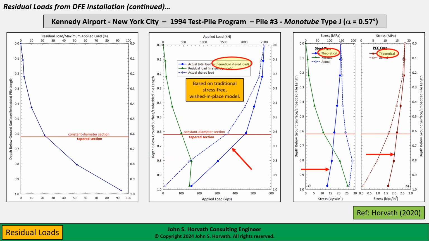Now let's look at the theoretical shared load. And this would be based on the traditional stress-free Winkler-type model. We know that if, as in this case, we have a pile where we drive the steel pipe, then we fill the interior of the pile shaft with fluid concrete, the concrete hardens, and then we sit down and do a structural analysis to figure out, okay, what's the stress in the steel shell, what's the stress in the concrete core.